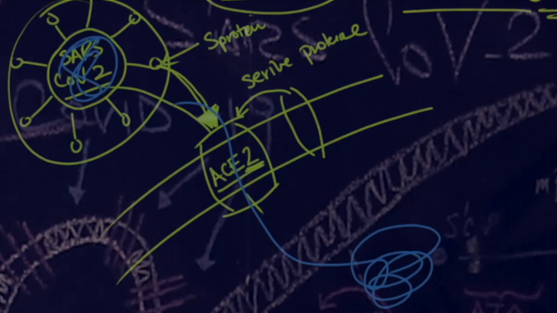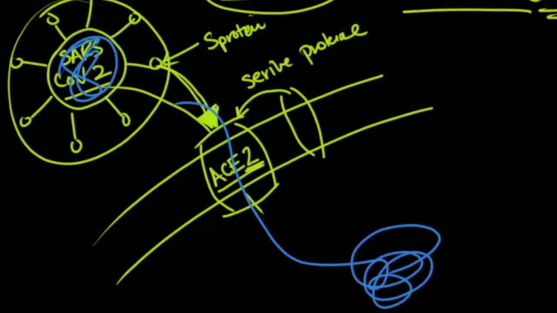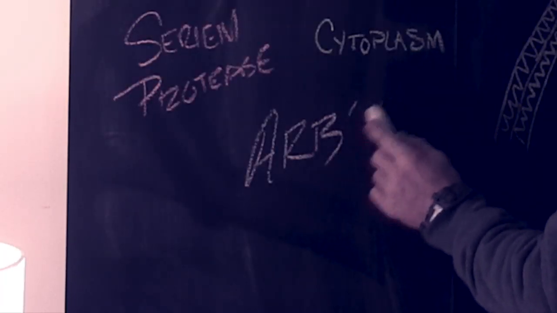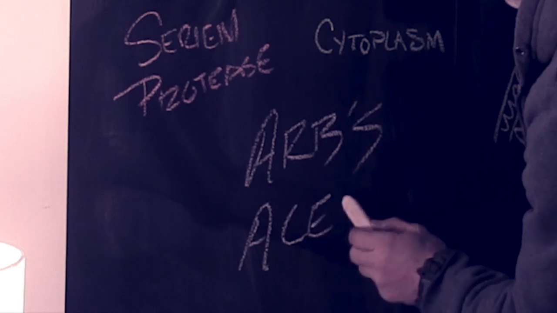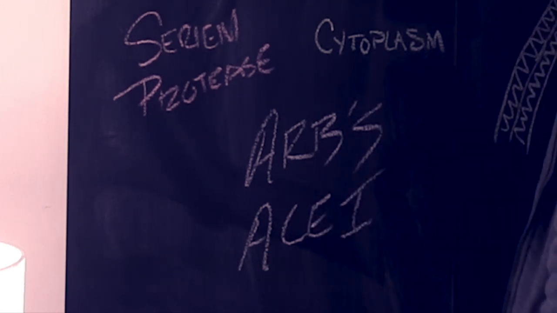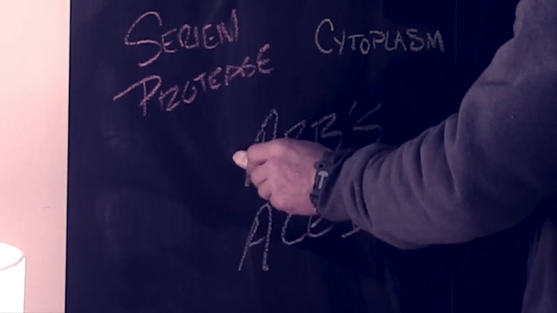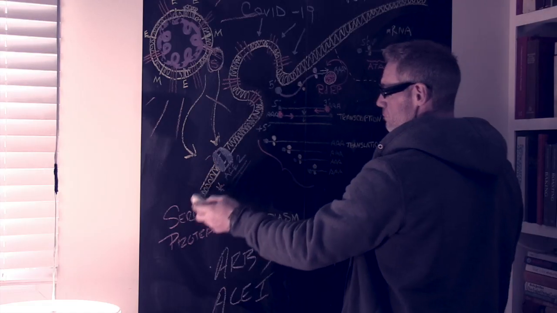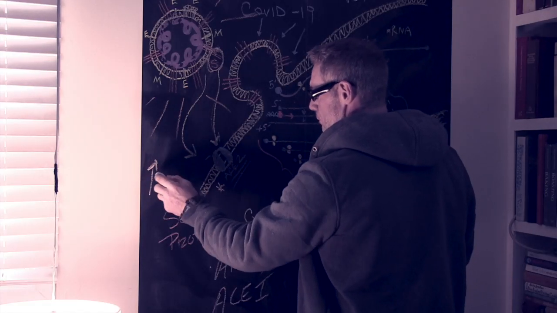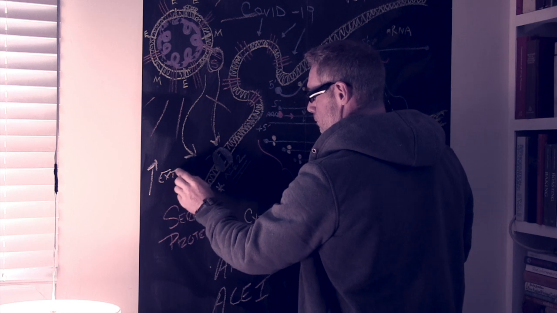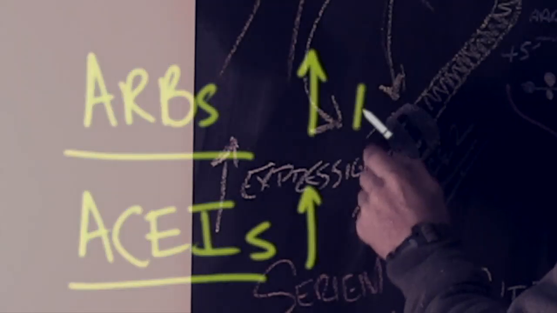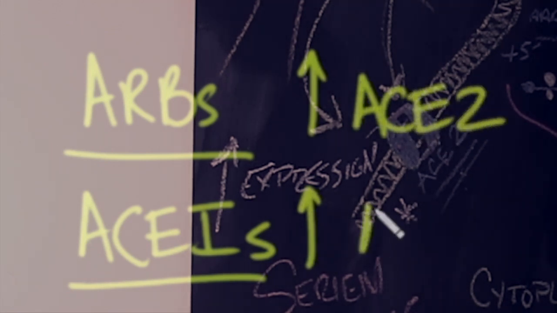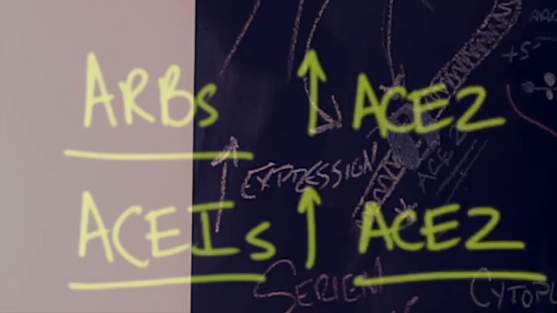So the question is, why is this such a problem? Well, there is some animal data that angiotensin receptor blockers, which is a very common type of high blood pressure medication, and ACE inhibitors, which is another common type of blood pressure medication, can increase the concentration of these ACE2 receptors on the surface of the cell.